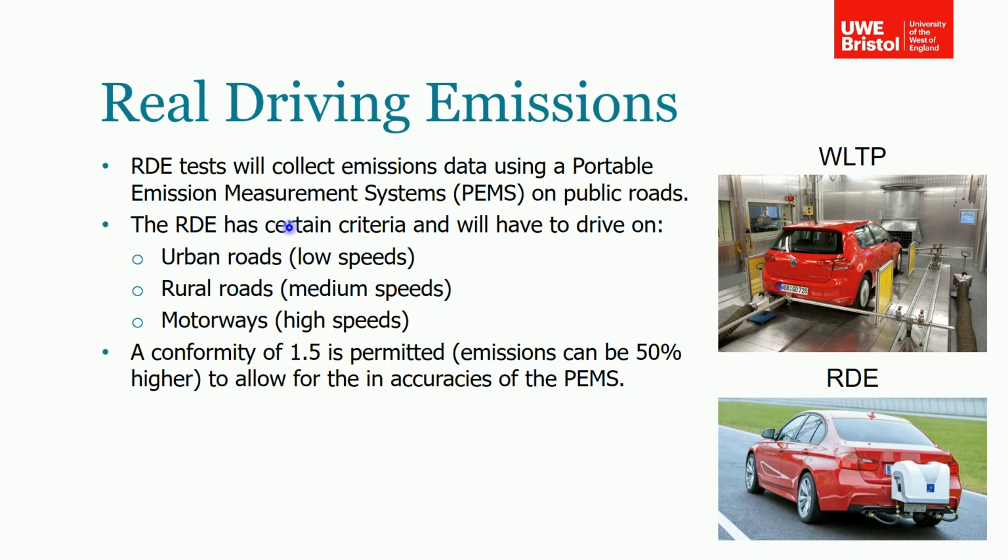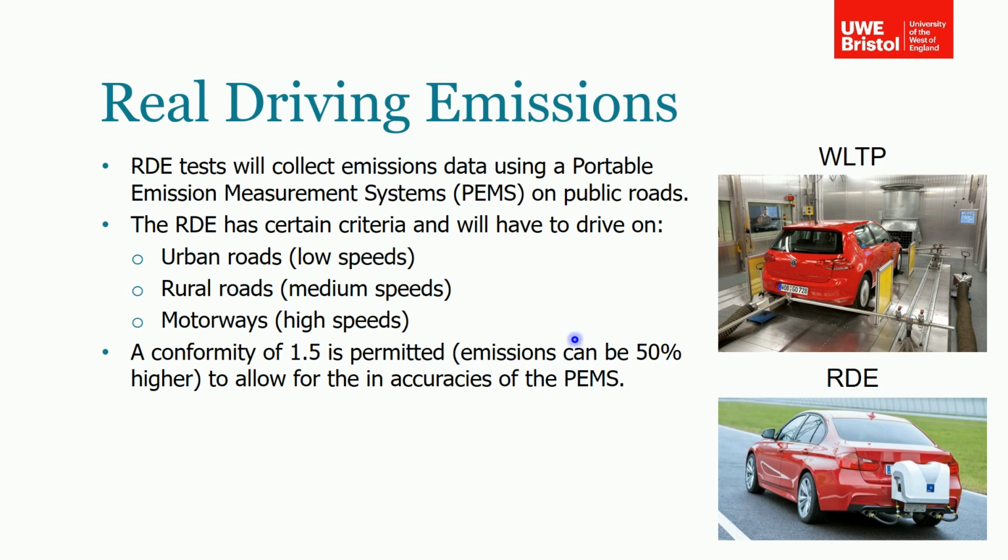But the point remains that the whole idea of this is to test a vehicle in the real world under real conditions, and ensure that it does comply with the legislation when it's tested against a standard test in the lab. Initially, because this is the first time the test has been introduced, the manufacturers have been granted a conformity factor of 1.5.